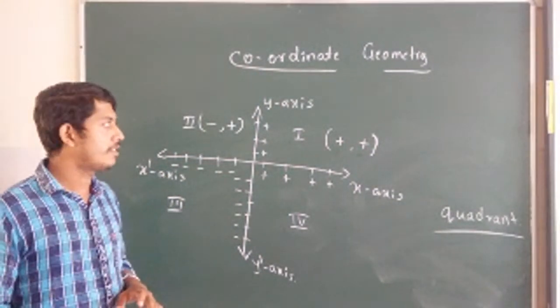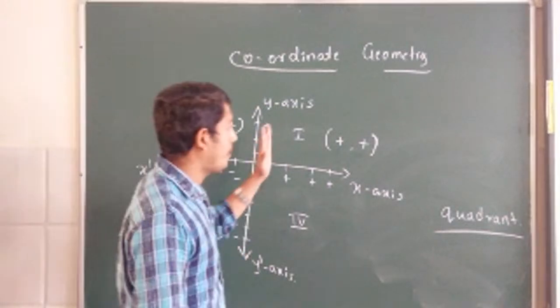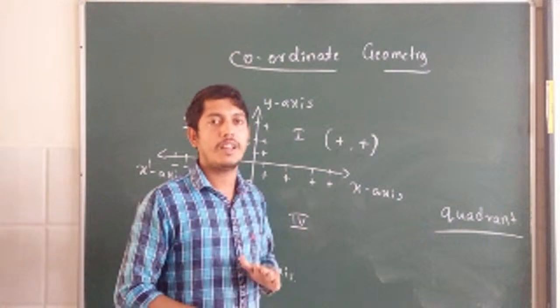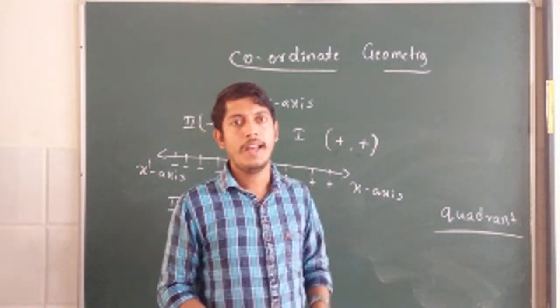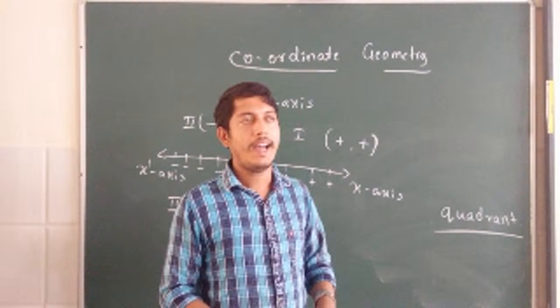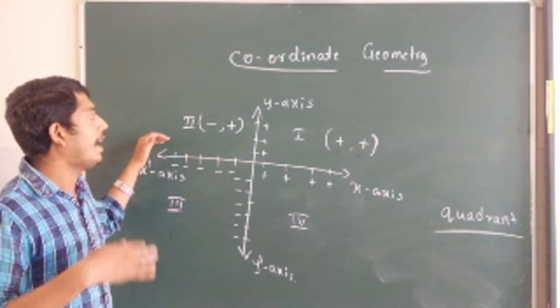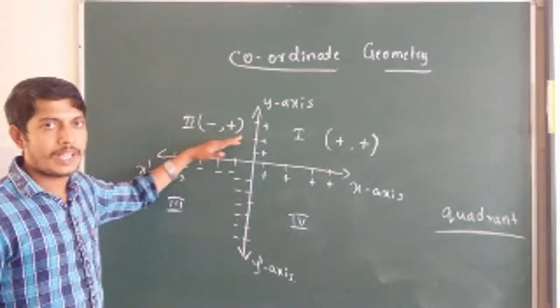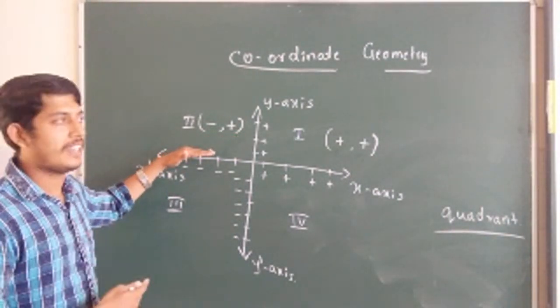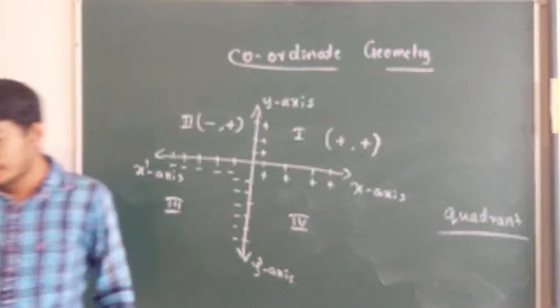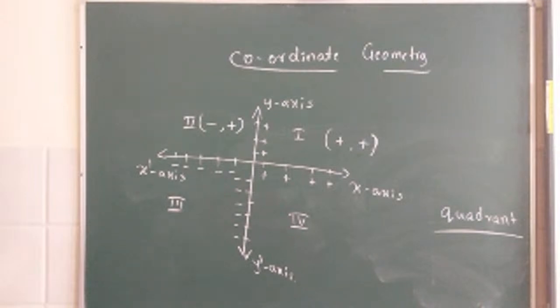So if a point is present in the first quadrant, then its x and y values are positive, and if the point is present in the second quadrant, then the abscissa is negative and the ordinate is positive. Abscissa means the values on the x-axis and ordinate means the values on the y-axis. Just comment any example of a point present in the second quadrant.